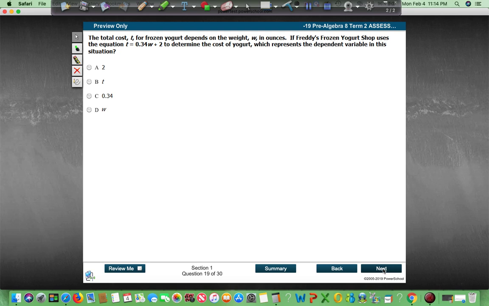The total cost, T, for frozen yogurt depends on the weight, W, in ounces. If Freddy's frozen yogurt shop uses the equation T equals 0.34W plus 2 to determine the cost of yogurt, which represents the dependent variable in this situation?